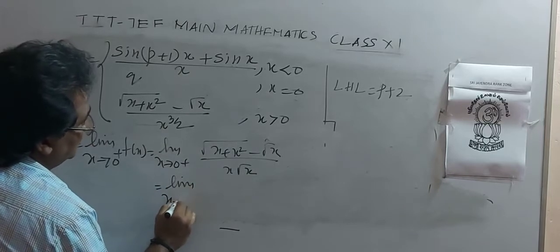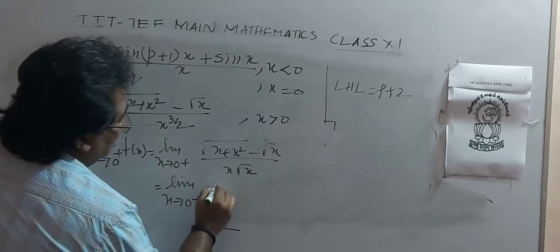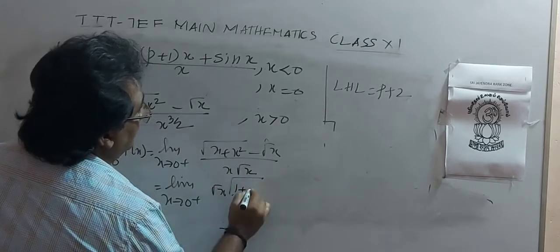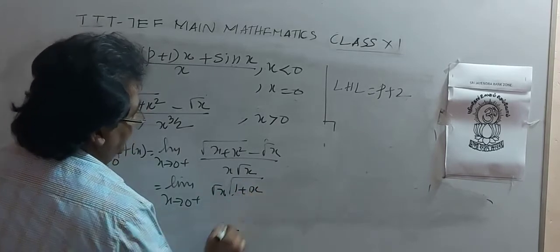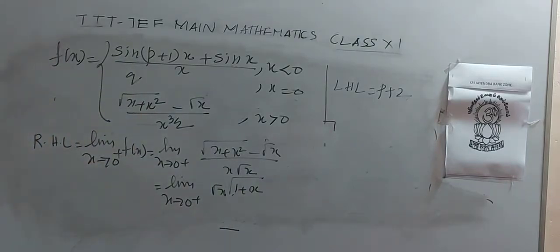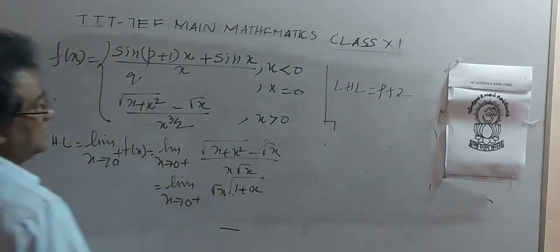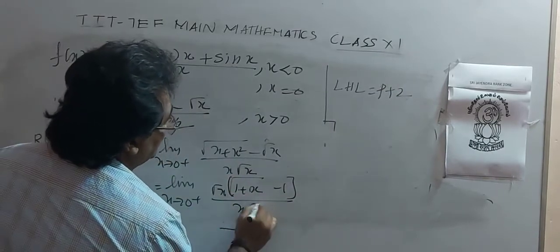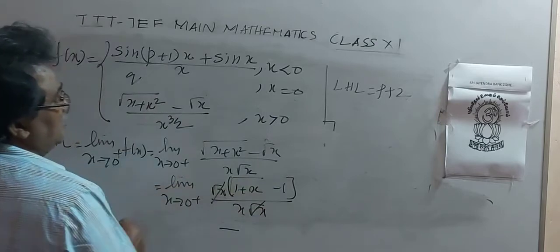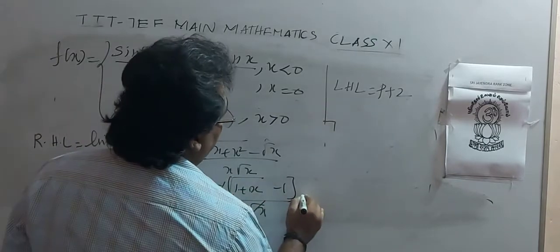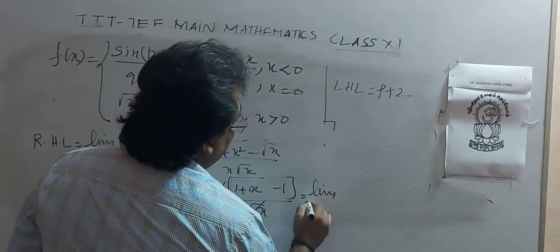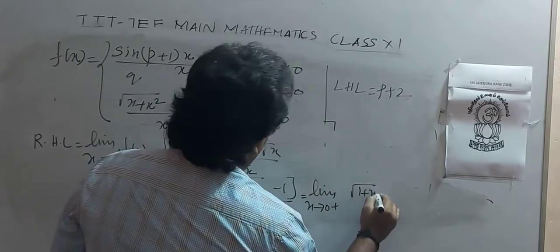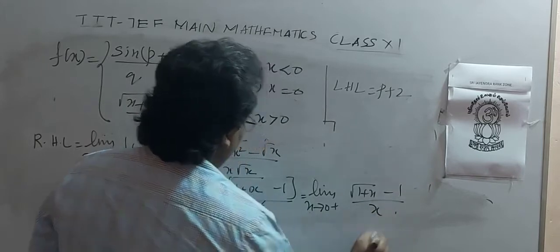Limit x tends to 0 plus root x into 1 plus x minus 1 by x root x. This will be cancelled. Equal to limit x tends to 0 plus by x.